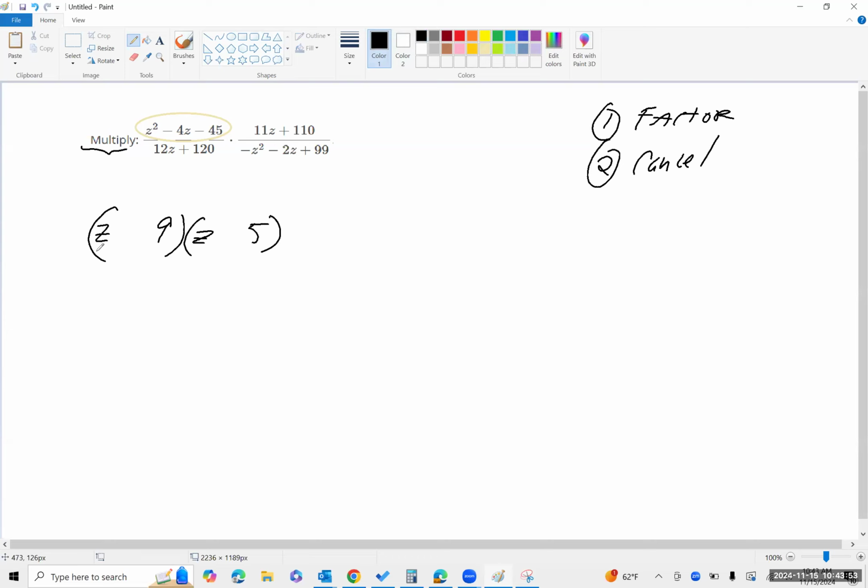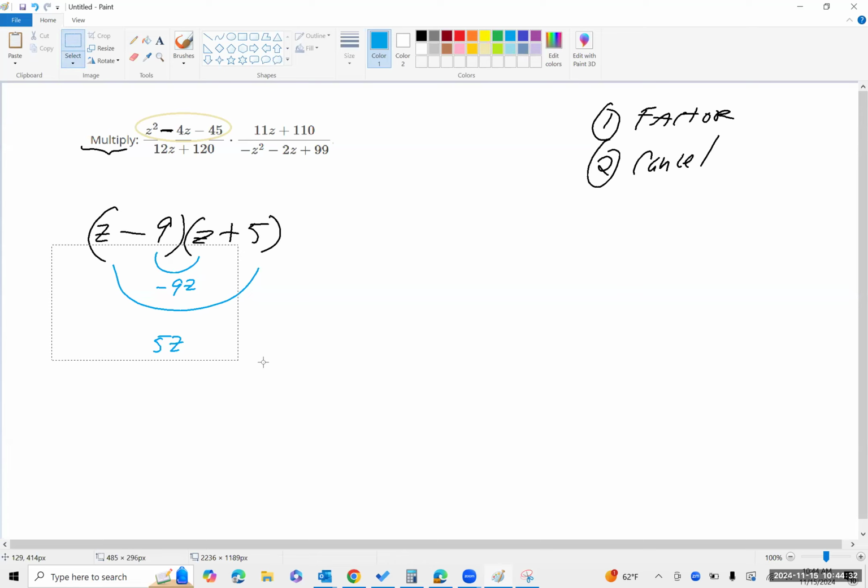To get the minus 4 in the middle with the outer and the inner, I need to make the bigger number negative and the smaller number positive, because that's how, when we do the outer and the inner, we'll get a minus 4.